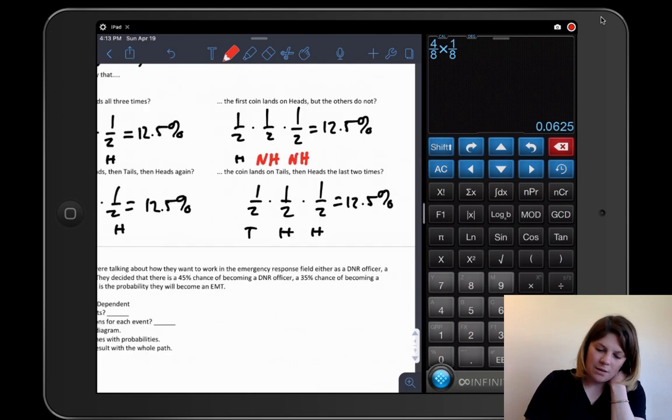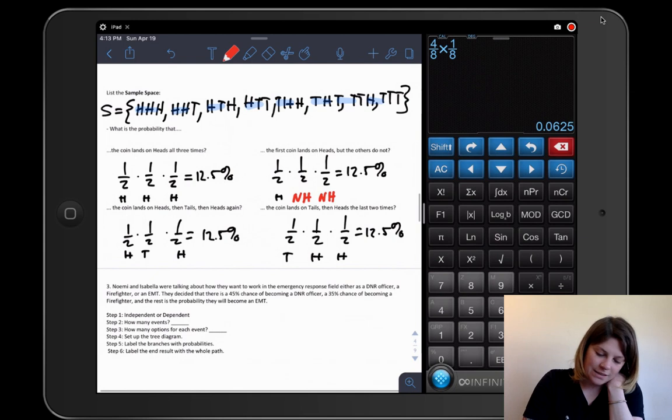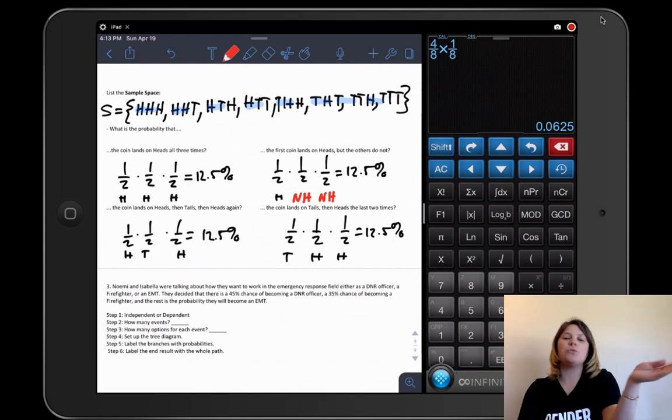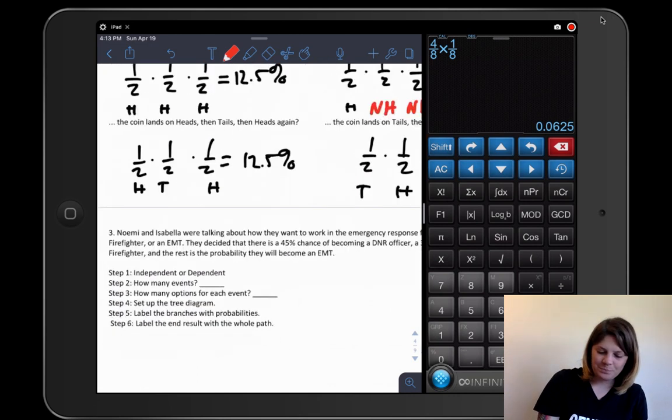And that was the only one that says do not. So just keep that in mind. You might see me start using that NH instead of saying tails, because not all scenarios have two choices. Some of them have more than that. Okay, let's see a scenario that has more than that.